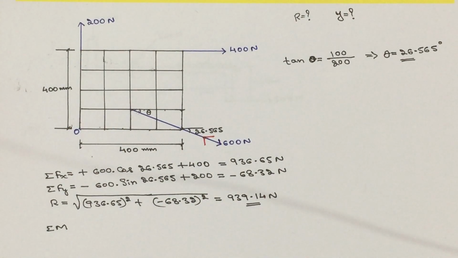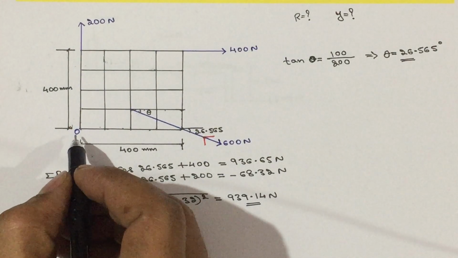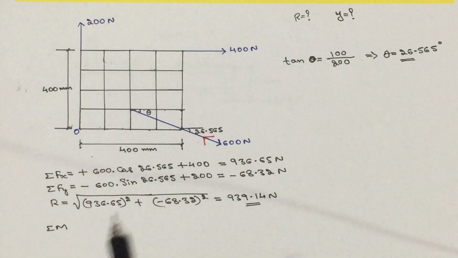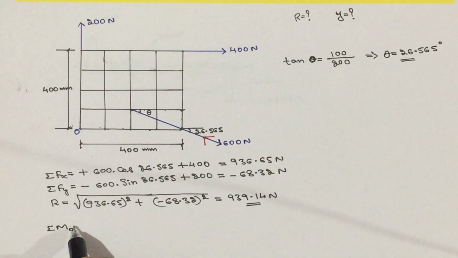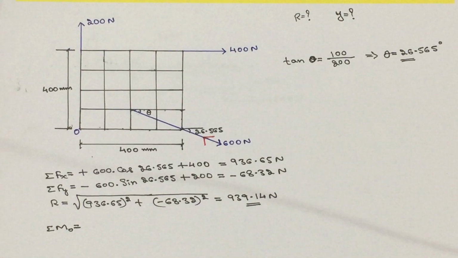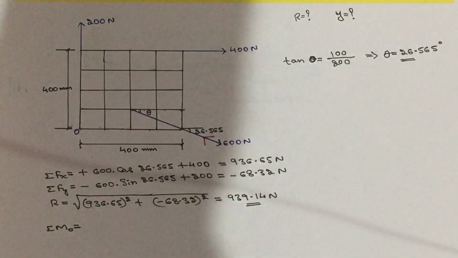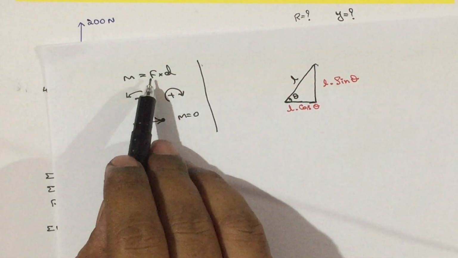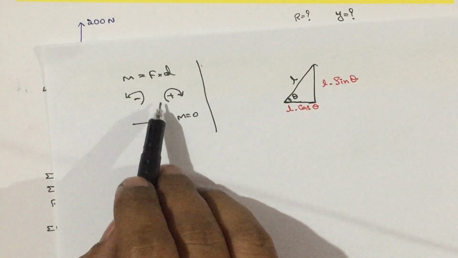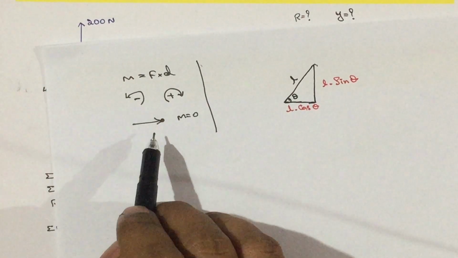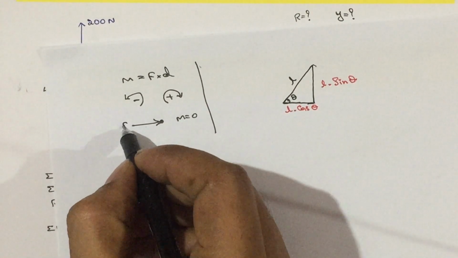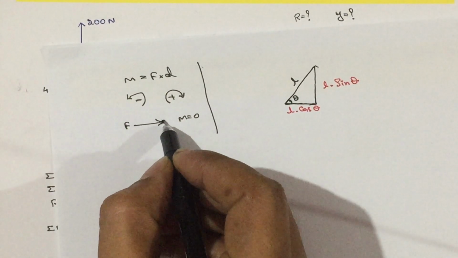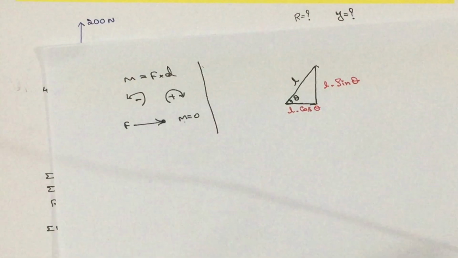We are going to calculate sigma m with respect to the only point given, that is O. While calculating the moment, we need to keep three things in mind. They are: moment is force into distance, clockwise positive, anti-clockwise negative. If the force is passing through the moment center, then the moment will be 0.